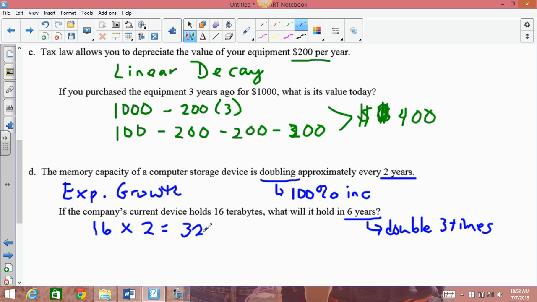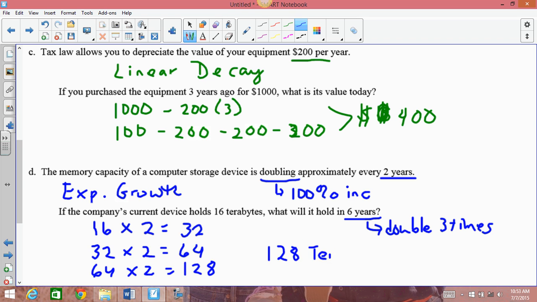That would be 2 years. Now 32, let's double that, and that's going to be 64. That's at the end of 4 years. Take that 64, double it, and that's going to be 128. So 128 terabytes would be the end of my 6 years. And again, I only did that 3 times because it's doubling every 2 years. So in 6 years, there'd only be 3 times to actually double.